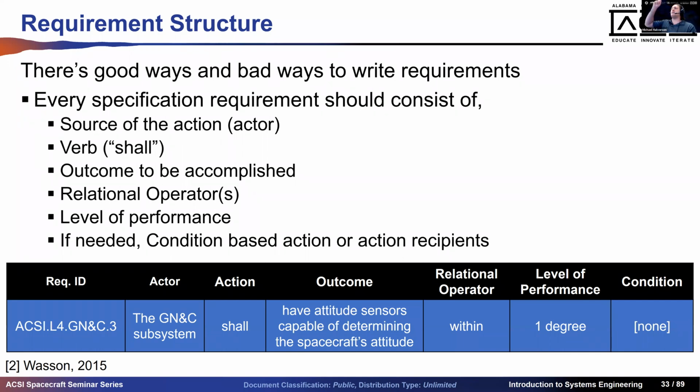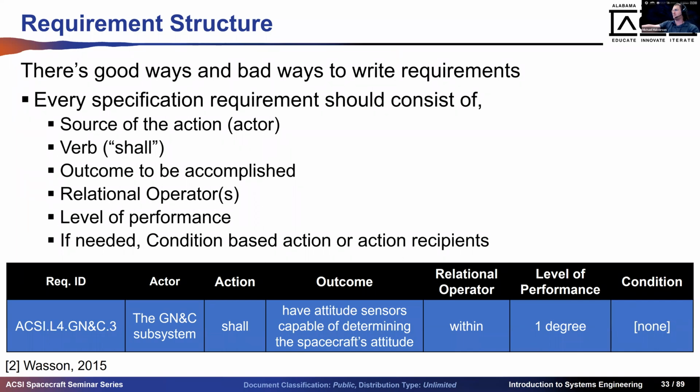You do not want to say the system shall unlock this little tiny thing at this very little tiny level of performance. You want to relate what you're doing to the level that matters for when and where you're doing it. So there's all these different parts: source, verb, outcome, relational operators, and level of performance if you have them. So you have an ID. That is just one way that we've set that up.